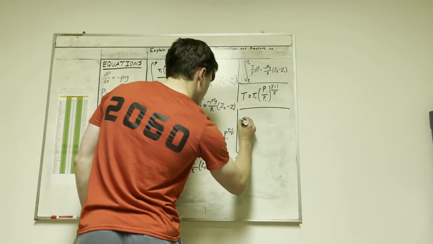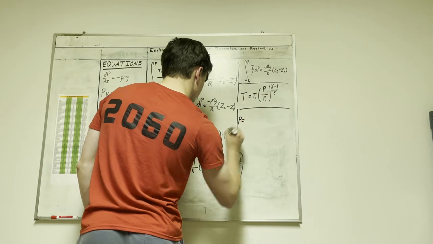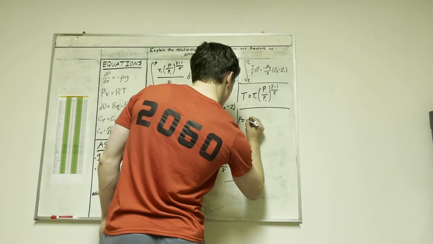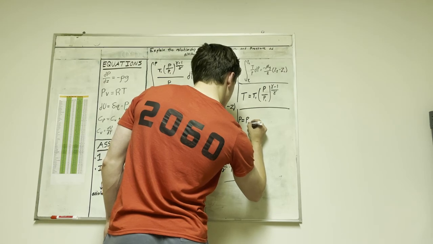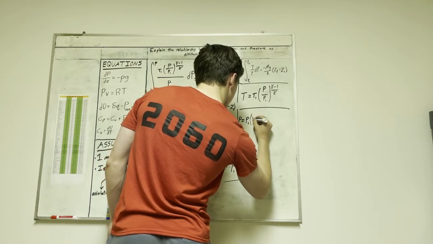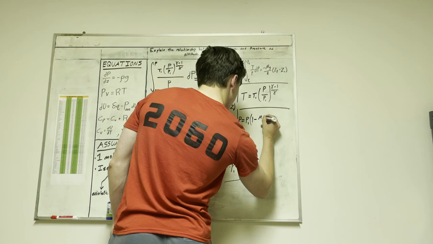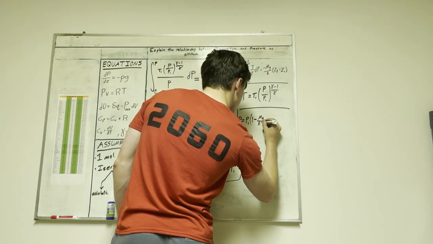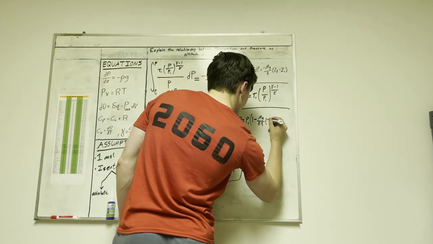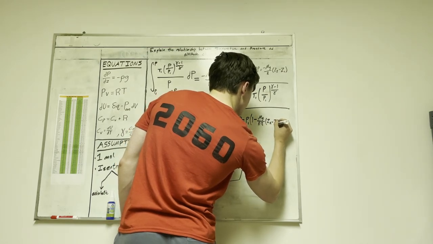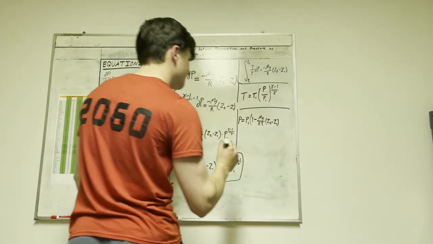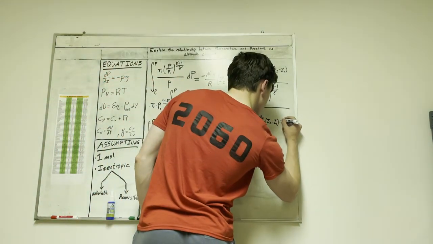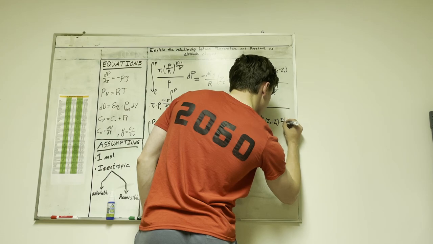We'll have P equals P1 times 1 minus mg over R times T1 times Z2 minus Z1 times gamma minus 1 over gamma.